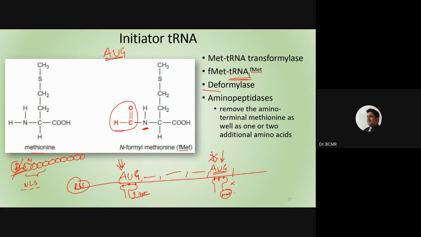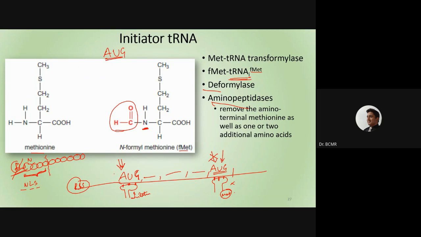So these are the signal peptides that are present in the N terminus of the proteins. Once the job is done, usually these peptides are cleaved away by aminopeptidases. So the tips of the proteins at the N terminus, in many cases, if not all, are usually removed. Some 2 or 3 amino acids, sometimes even larger fragments of protein as well. So I hope you understood the initiator tRNA.